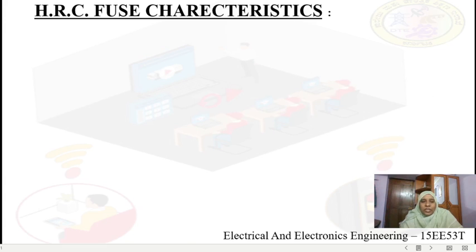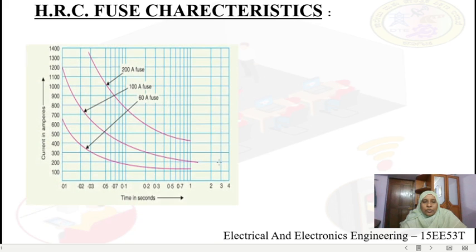Let us try to understand the HRC fuse characteristics. This graph shows us the HRC fuse characteristics. When you look at these characteristics, you can see on the x-axis time in seconds is marked and on the y-axis current in amperes is marked.